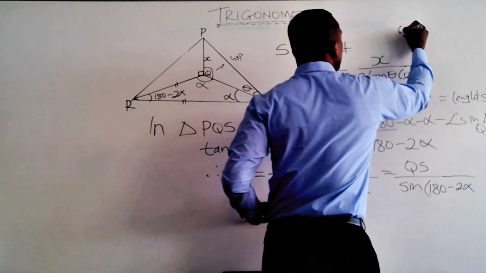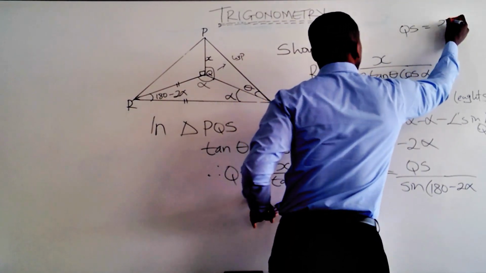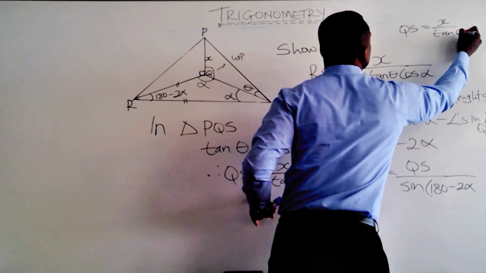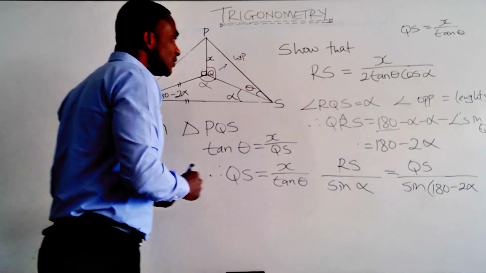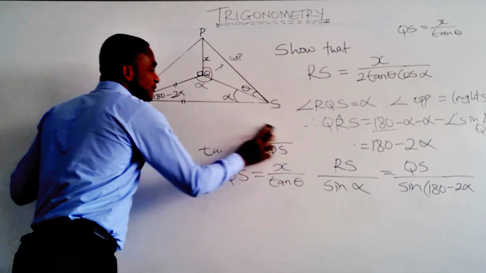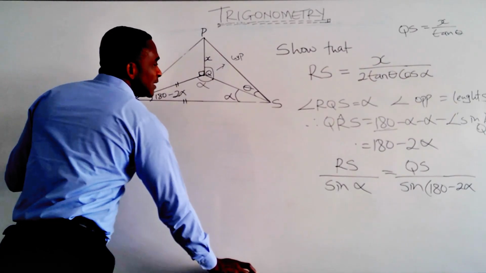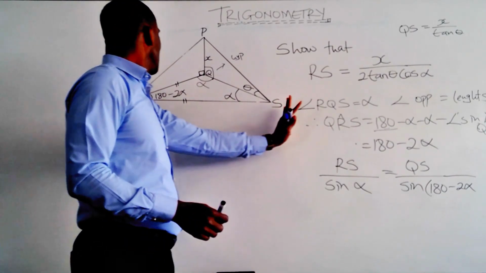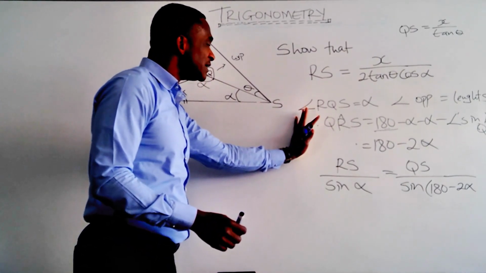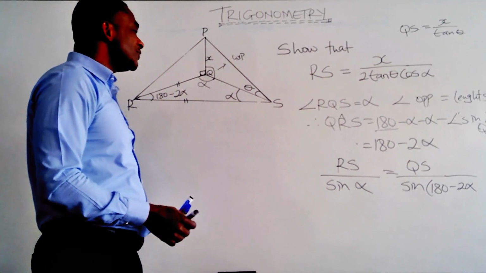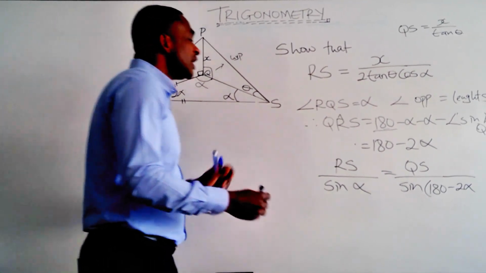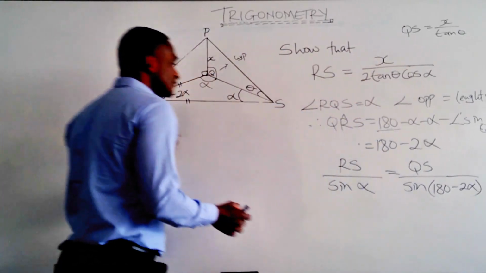Now let's continue. Our QS is x over tan of theta. Remember here we are working on triangle QRS. Now let's substitute what we have and simplify.